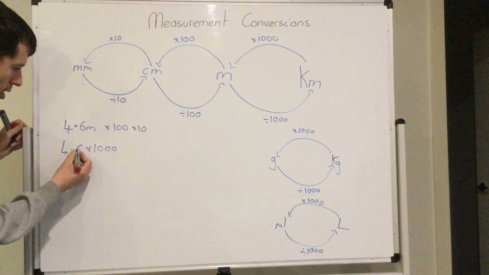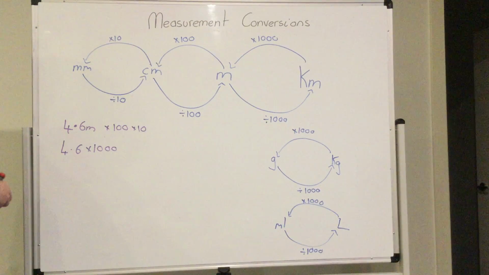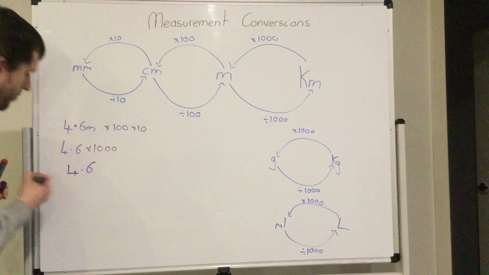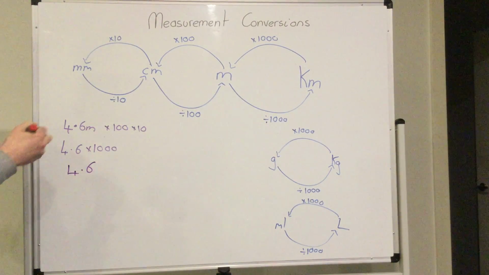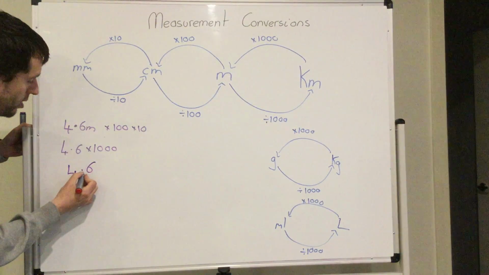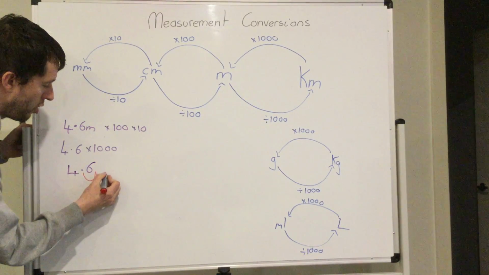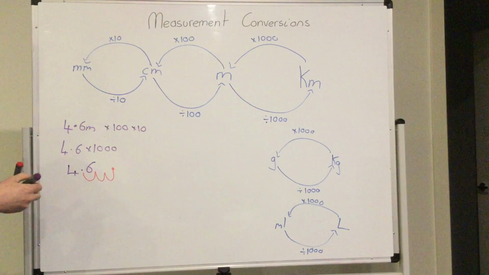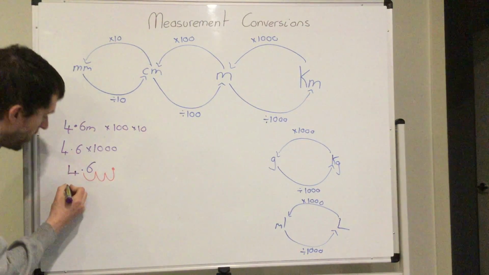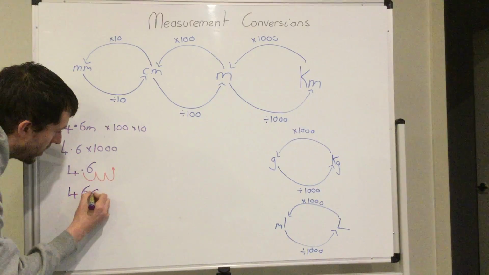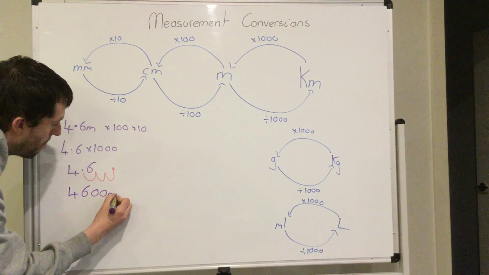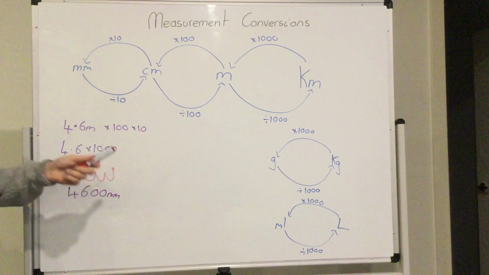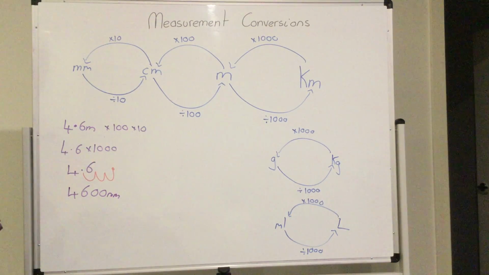So, because we're doing 1,000, I'm just going to write 4.6. And it's getting 1,000 times bigger. So 1, 2, 3, my new decimal places here, which means I have 2 zeros. So it's 4,600 millimeters. And that is how we change from meters to millimeters.